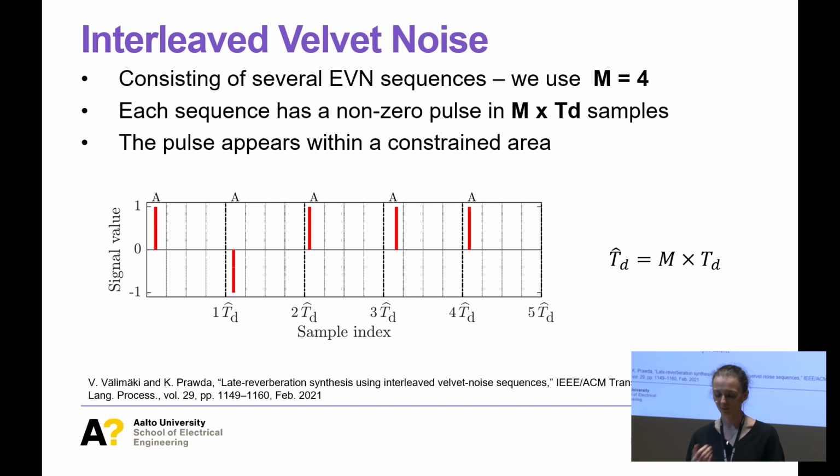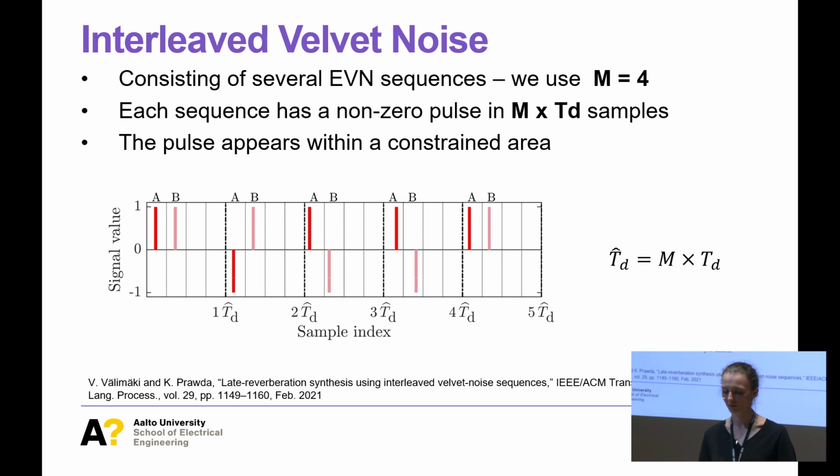And the other thing about those EVN sequences is that the pulse appears within a constrained area only. So here in the figure, you can see that the sequence A has a pulse only in the first quarter of our grid size TD hat. And then if we want to add another sequence to our signal, we have to delay it a tiny little bit.